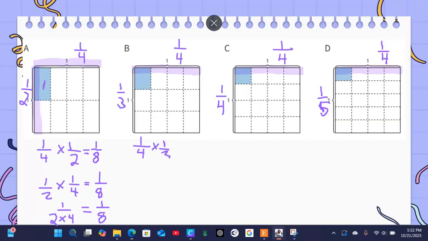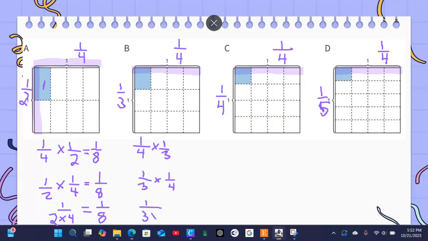1/4 times 1/3, or 1/3 times 1/4. And I'm going to combine them at the bottom because 1 times 1 equals 1, so we don't need to change anything.